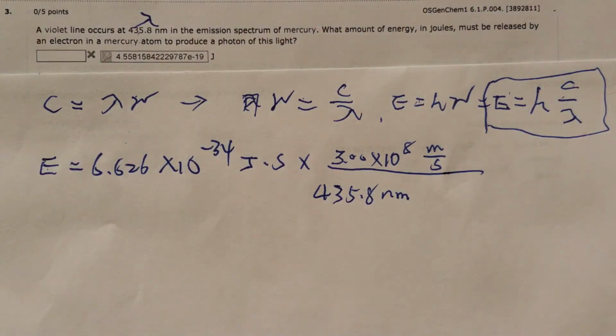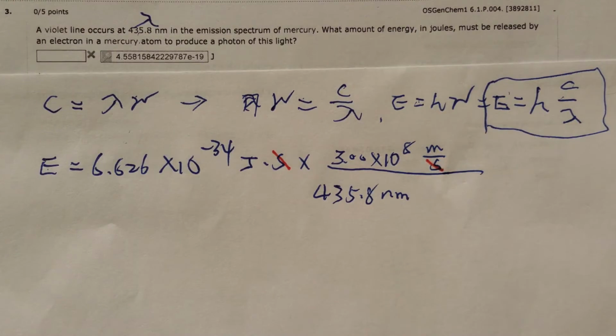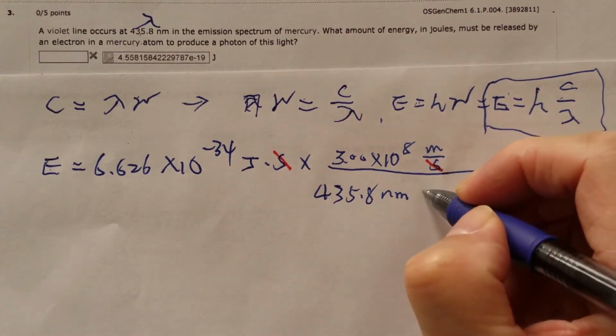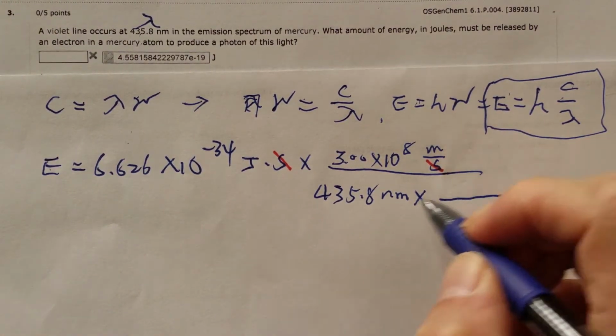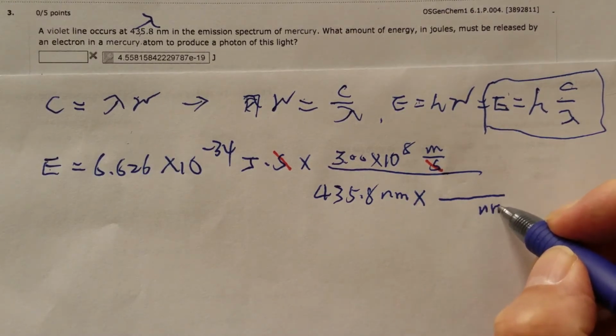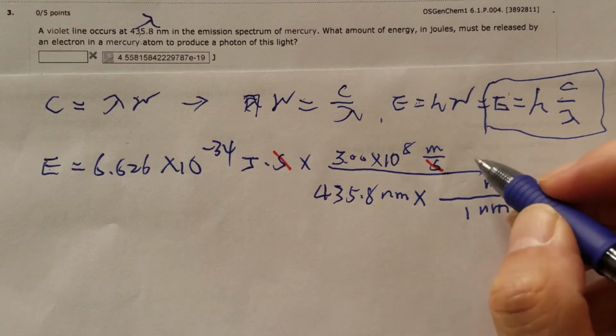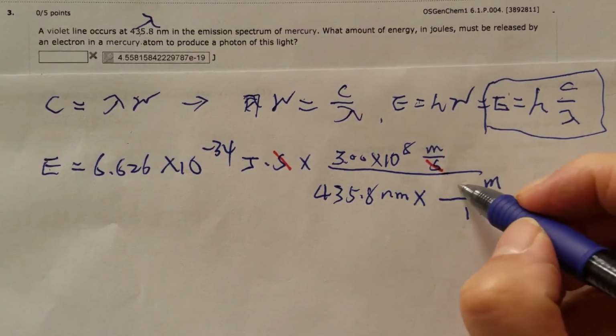So now, we can cancel the second and second here, but meters and nanometers cannot cancel each other. You have to convert. Converting from nanometers, we'll put nanometers on bottom, and converting to meters so that we can cancel those 2 meters right there.